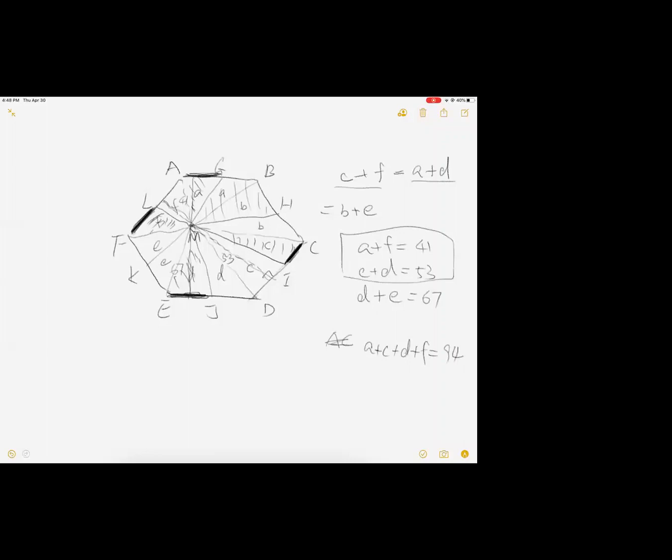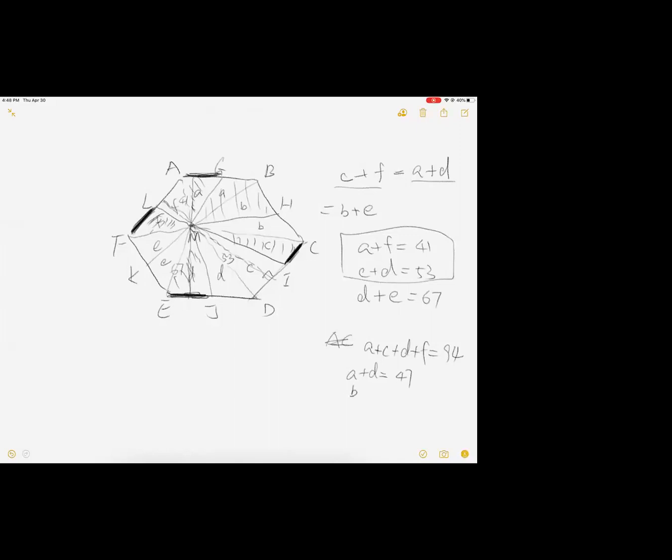And then A plus D is equal to C plus F, so if you divide by 2, A plus D is also equal to 47. And B plus E is also equal to 47 because all of them are equal.